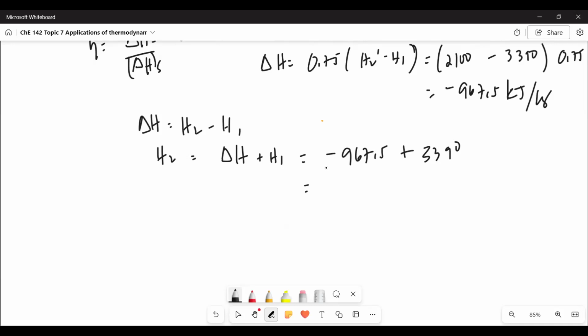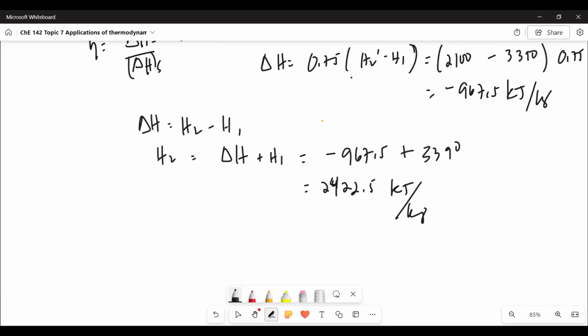H2 is 2422.5. In letter A, it's 2436. So using the graphical method, it's 2422 kilojoules per kilogram.